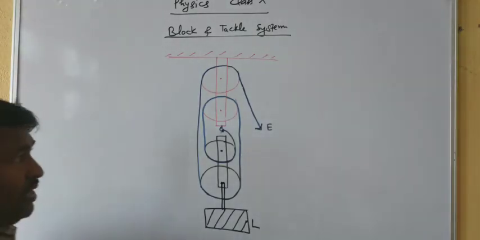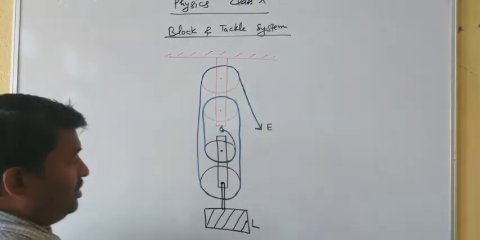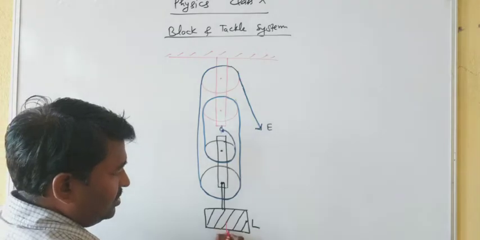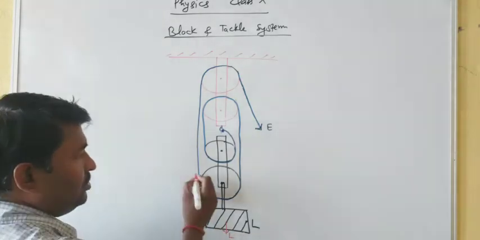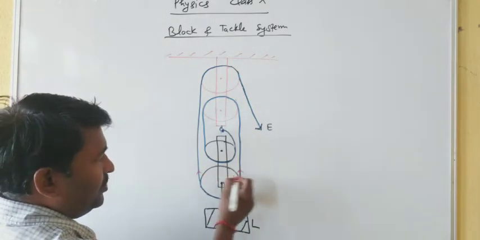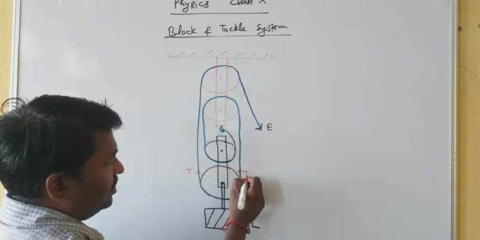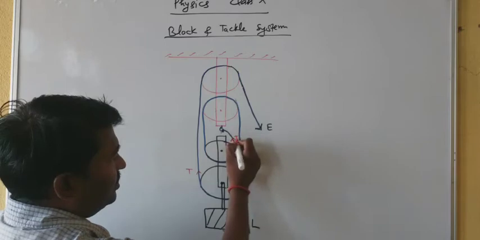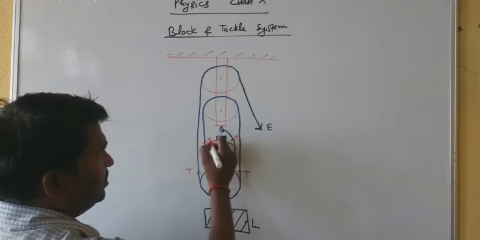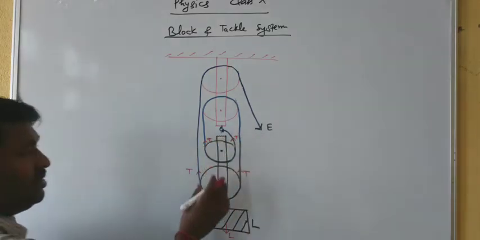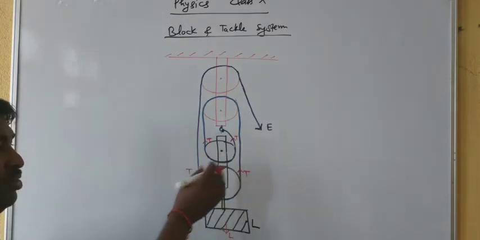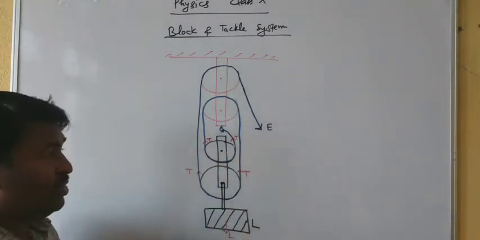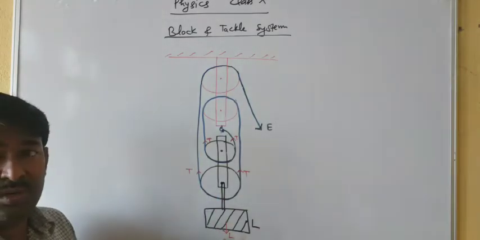How the tension will act, I am showing starting from here. Since the load is acting downward, near this pulley there will be tension T, here also tension T, and thereafter over this pulley this is tension T, and here tension T. We have to take the tension in the string passing over the lower pulleys, or lower block, since the load is tied with the lower block.